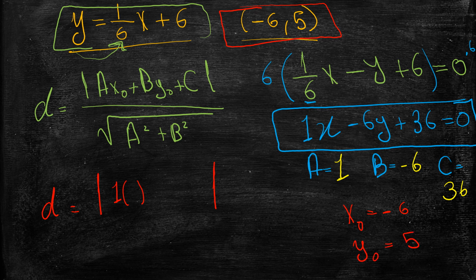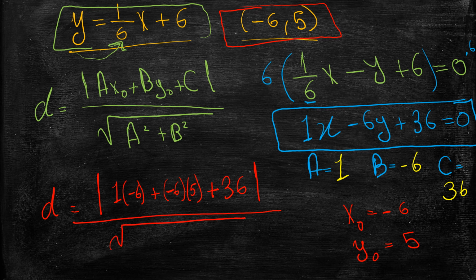So I'm going to write here 1 times minus 6 plus minus 6 multiplied by 5 and add the constant, which is 36, divided by the square root of a squared plus b squared. That means 1 squared plus minus 6 squared.